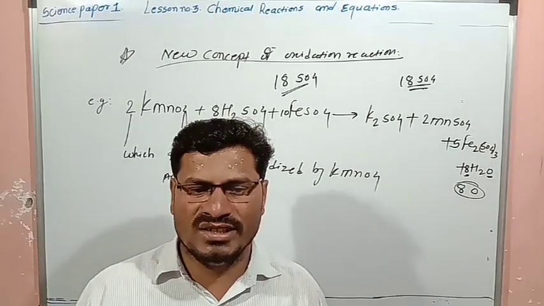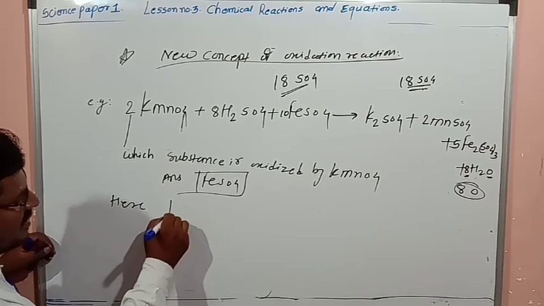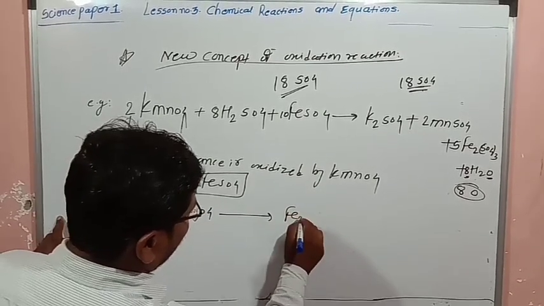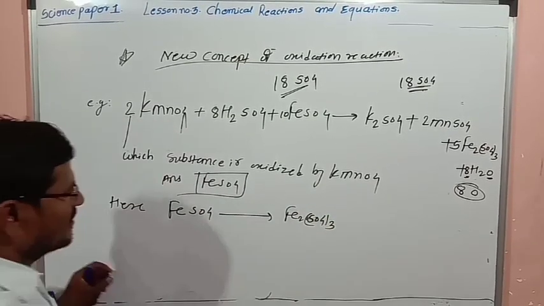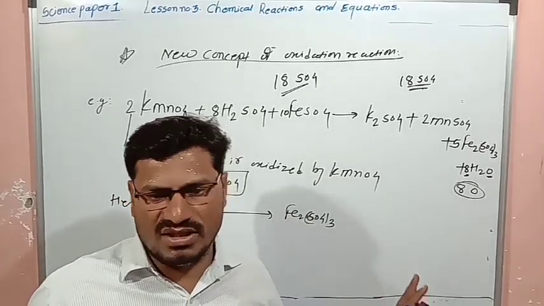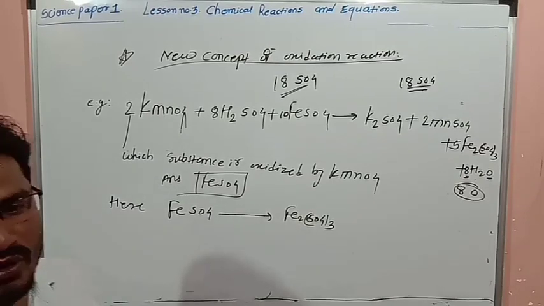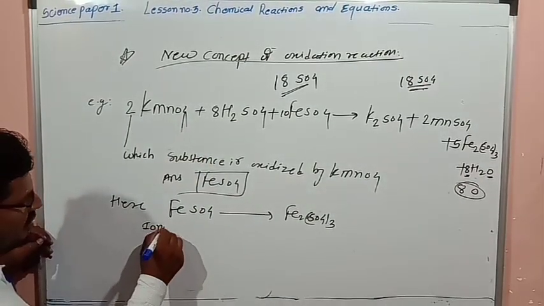And if you study this chemical reaction, here FeSO4 is converted into Fe2(SO4)3. This is the net chemical reaction. And if you see the ionic reaction of this chemical reaction, you will write the ionic reaction.